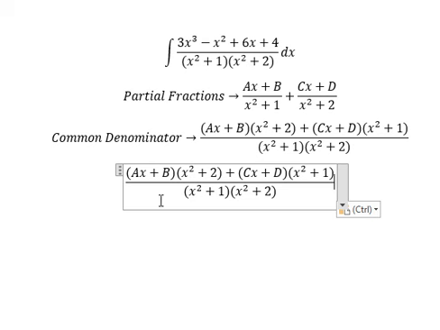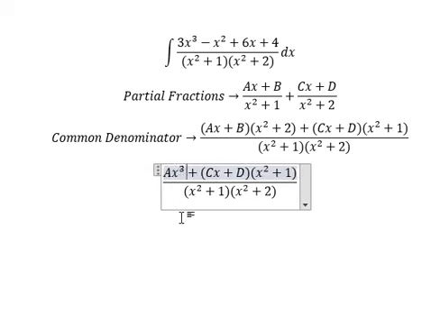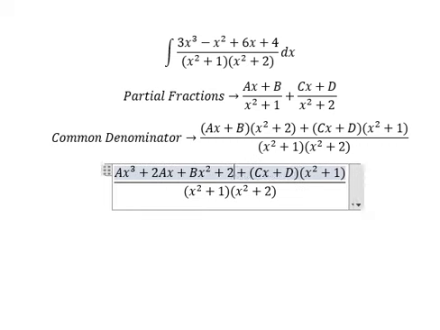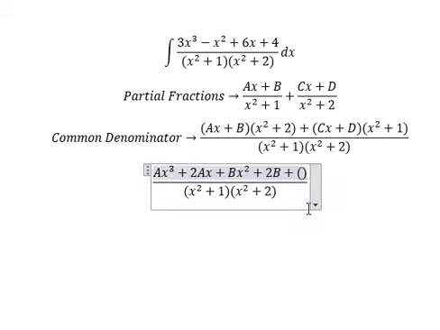Now we need to expand this one. Next, we need to expand this one.